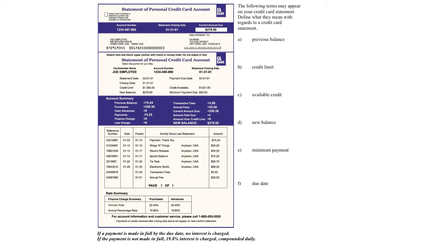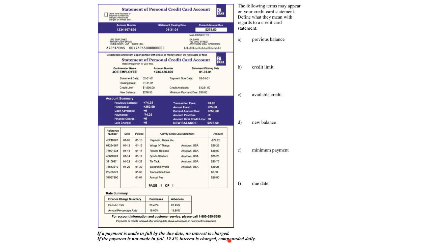Another thing that you'll see on most credit card statements is different rates of interest. They're usually around 20%. And what that means is if you make the payment in full by the due date, so if you pay back everything by the due date, you don't pay any interest. So that's good, because you don't want to pay interest. But if you don't pay the full amount, they're going to charge you interest at around 20%, depends on the credit card.